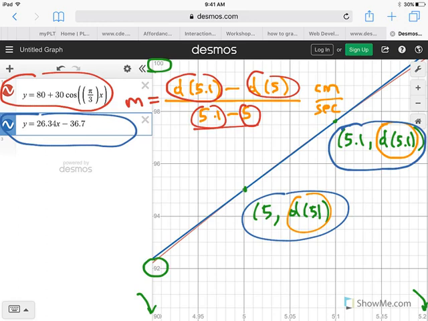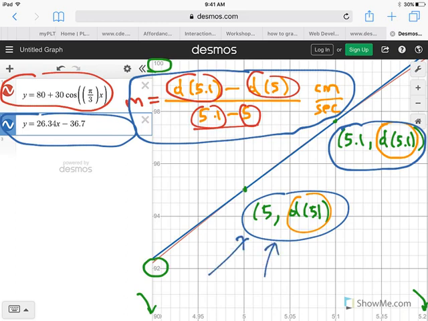And we were able to find the equation of that secant line by first using the slope of the secant line, which is of course equal to the average rate of change of d from t is equal to 5 to t is equal to 5.1, and then we used one point that was on the secant line.